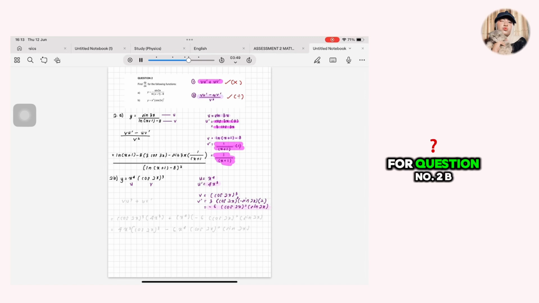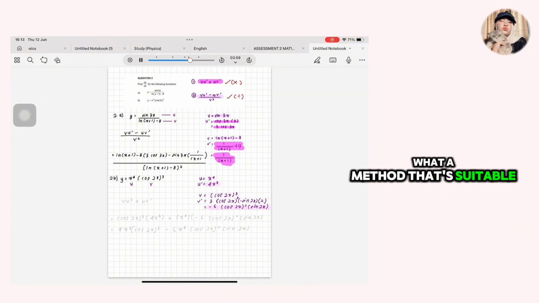For question number 2b, we also use the same way. First, we need to know what method is suitable for this question. We see that method number 1 is suitable to use. We need to know what is U and what is V. After we know that, we need to differentiate.